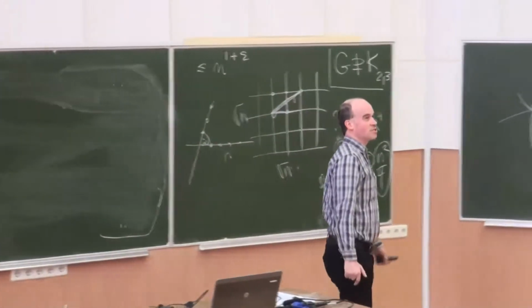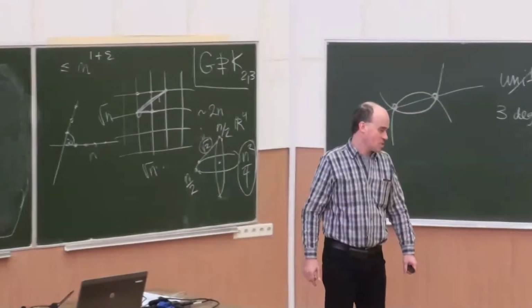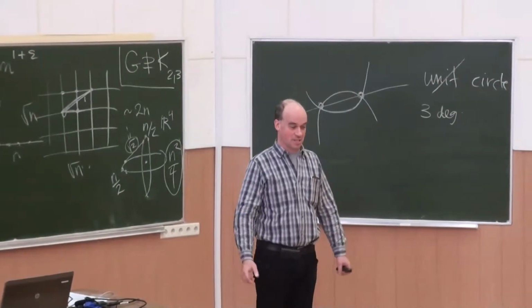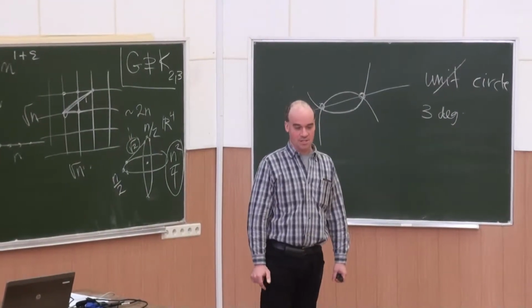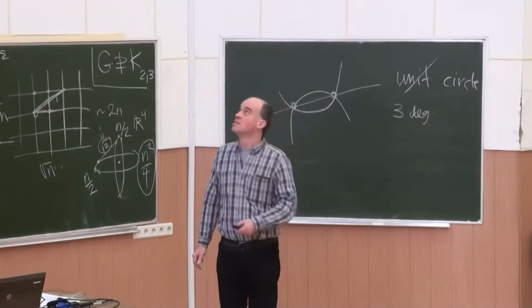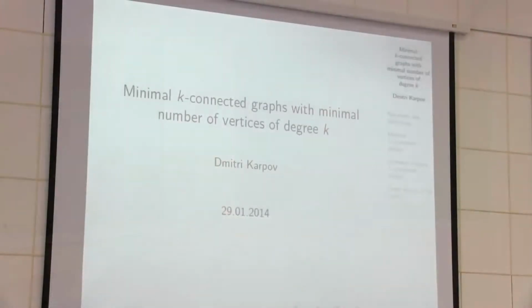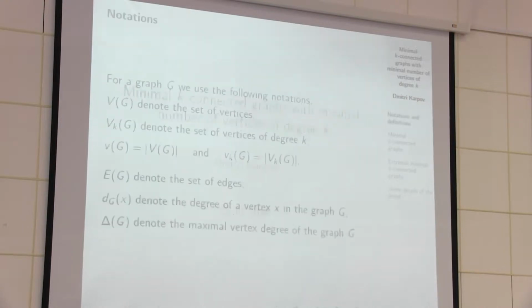My talk is about graph theory, and one of the most abstract parts of graph theory, the connectivity theory. Minimal k-connected graphs with minimal number of vertices of degree k. We use standard notations.